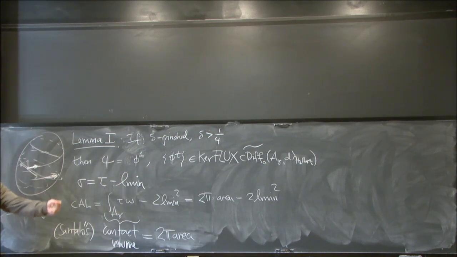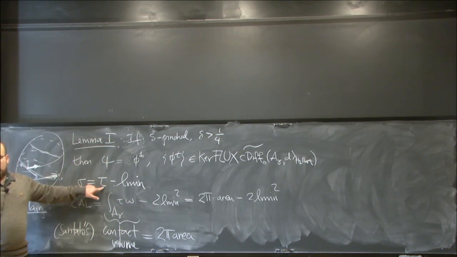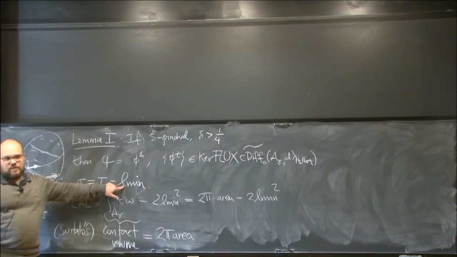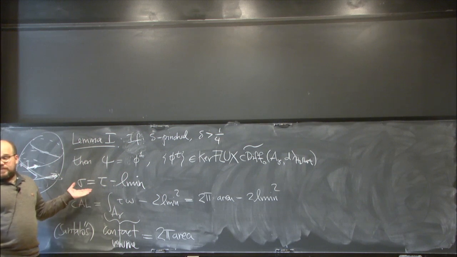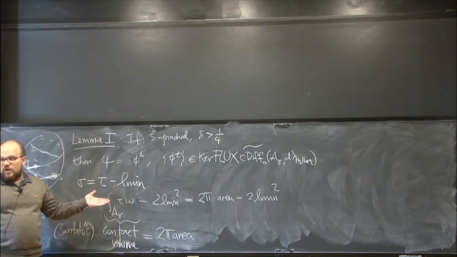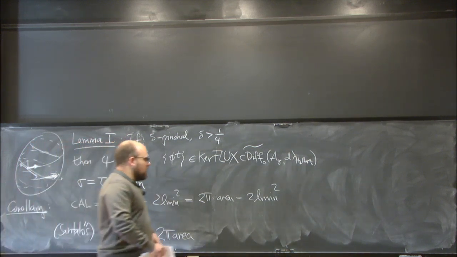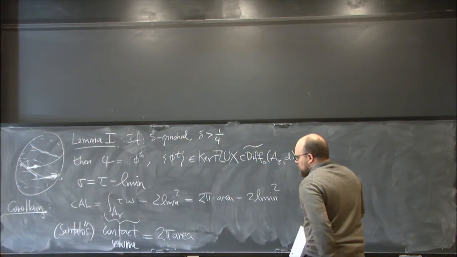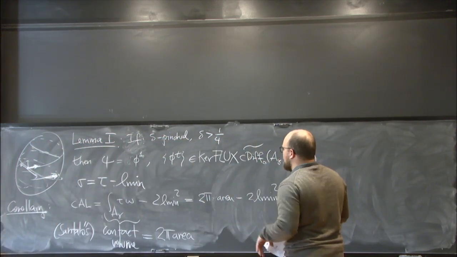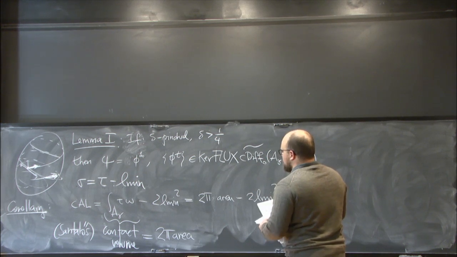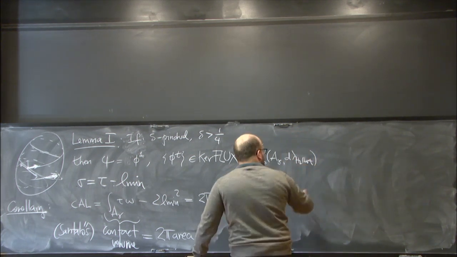But the fixed point is a fixed point of what? Of the return map. Then it corresponds to a closed geodesic. And by this formula, the action of that closed geodesic is going to be its length minus L_min. So if this is negative, it's a contradiction to the definition of L_min. Done. That's the proof. So we have to, of course, work our way towards this final argument, but that's basically it.